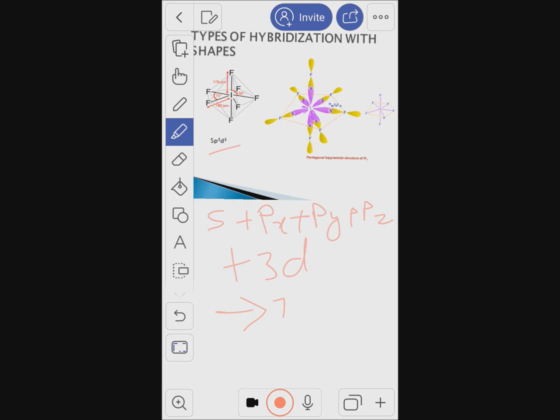For example, in case of IF7, I is the central atom and 5 fluorine atoms lie in one plane, the 6th above the plane and the 7th below the plane, and the geometry of the molecule is pentagonal bipyramidal with bond angles of 90 and 72 degrees.